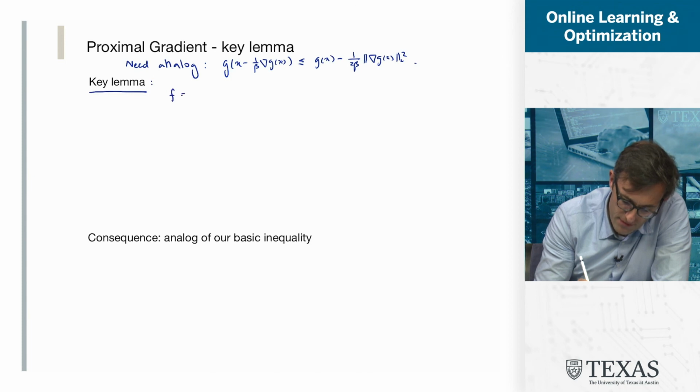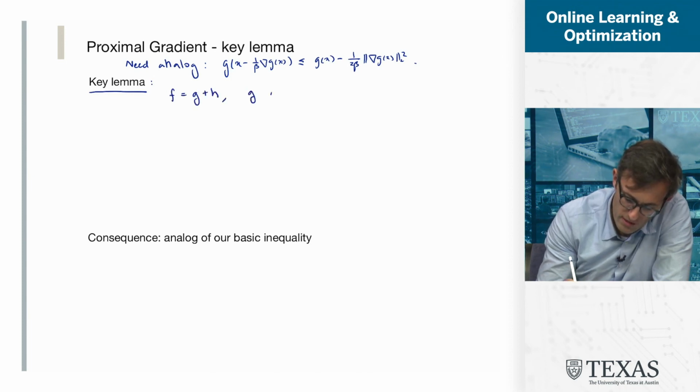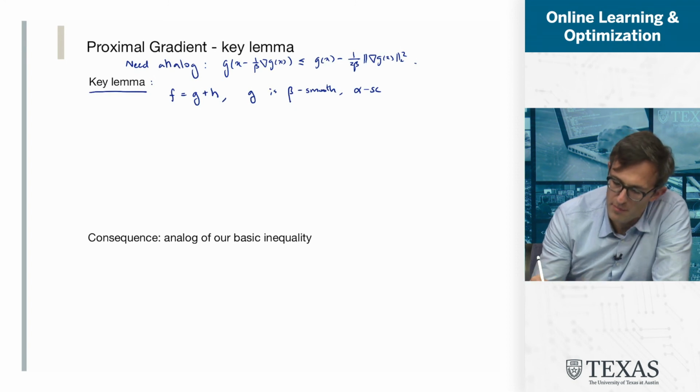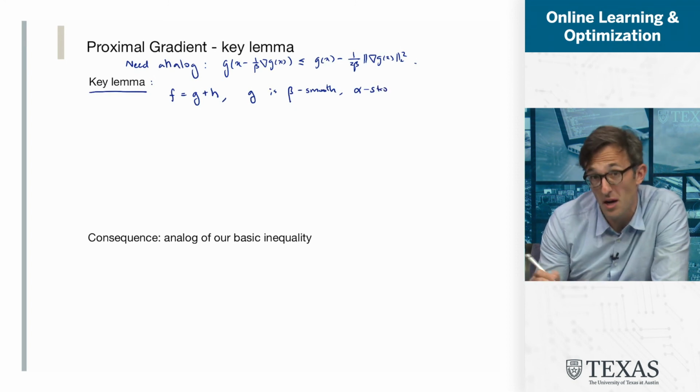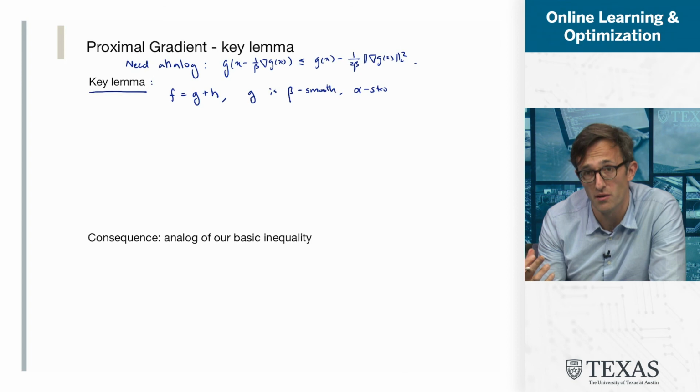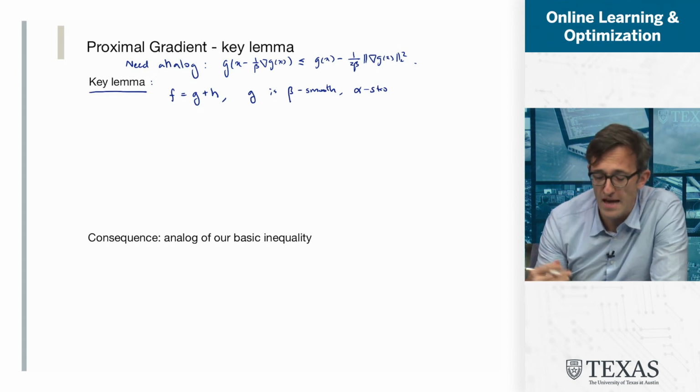F is equal to g plus h, where g is beta smooth and alpha strongly convex, but I'm going to allow for alpha to possibly be 0. I'm basically going 2 for 1 here. We're going to derive a lemma that has an alpha in it.